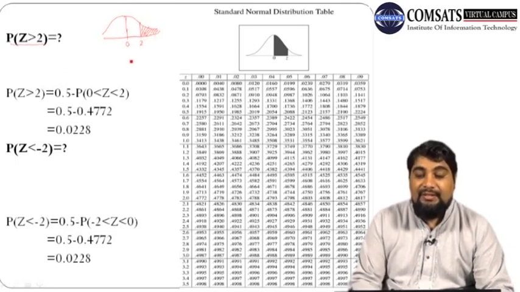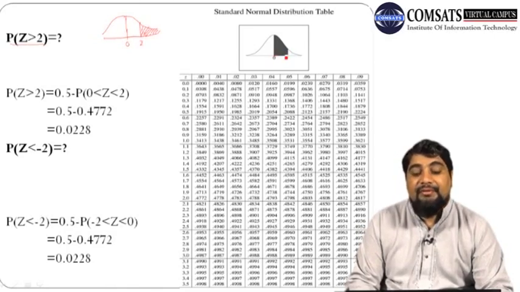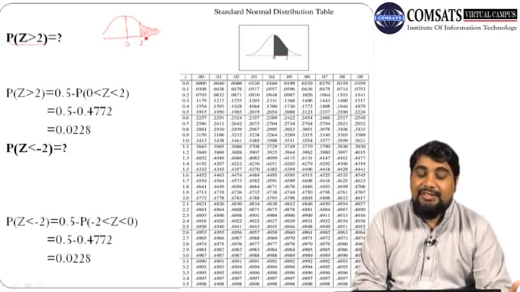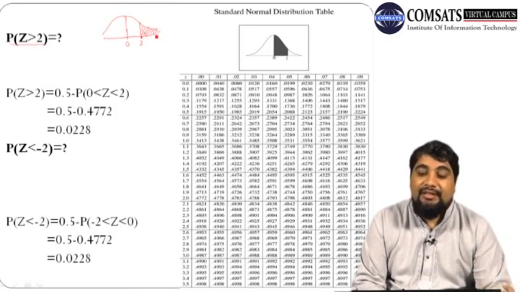Since the table gives us the probability from 0 to any number, but here we are interested in the area from 2 onward, the question is how we can find this probability using the standard normal distribution table.